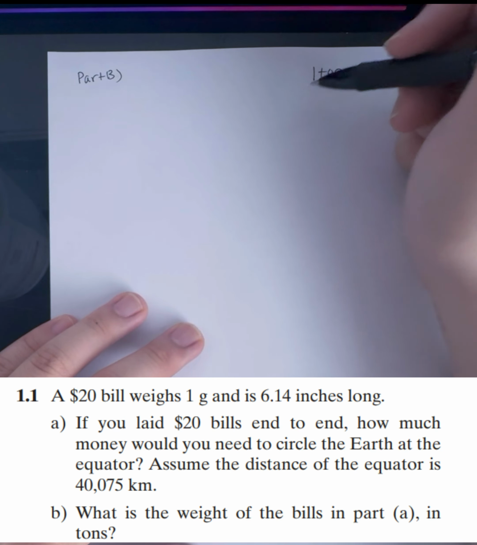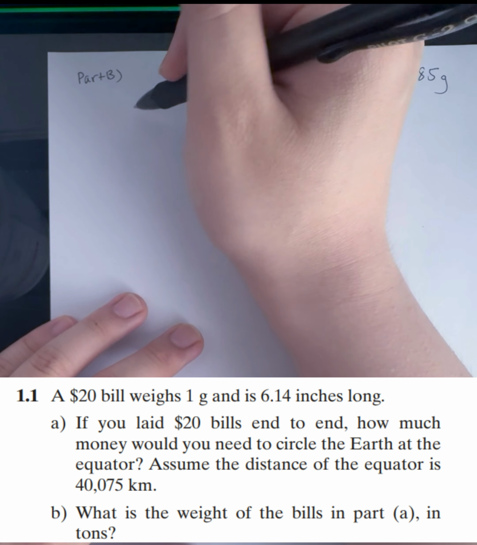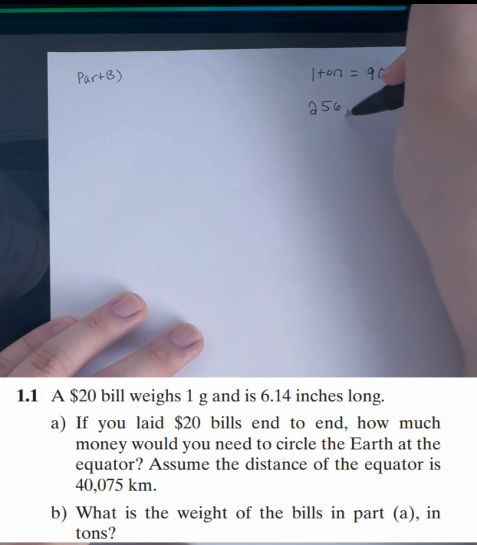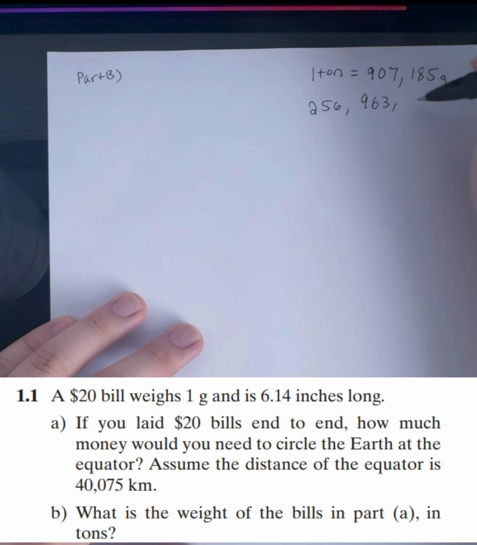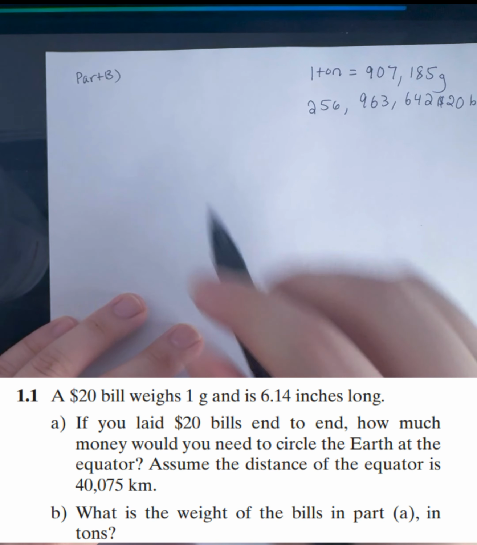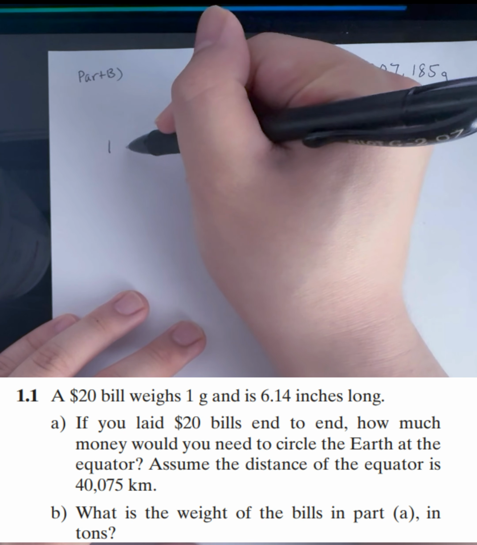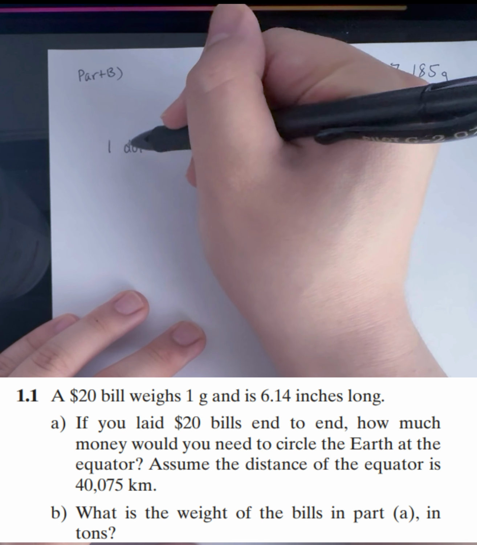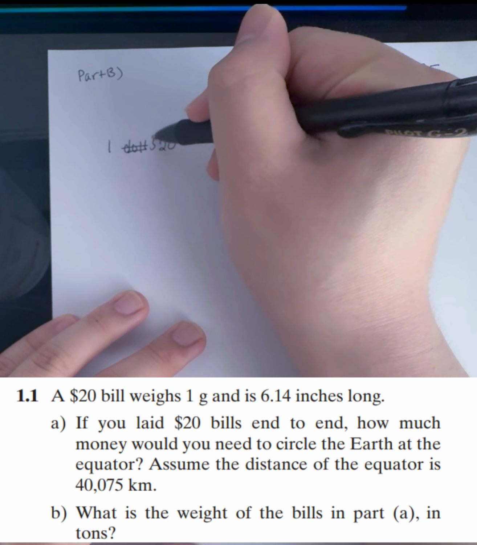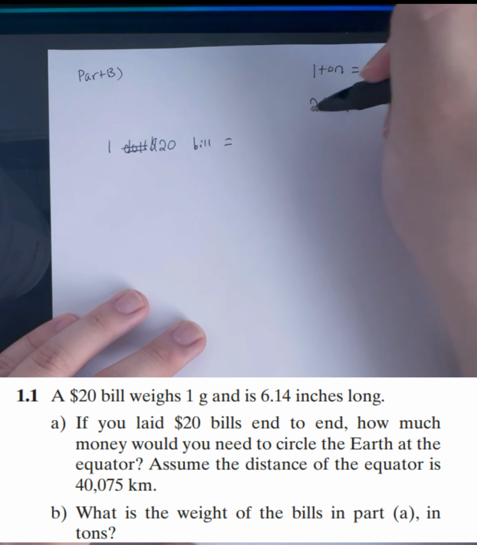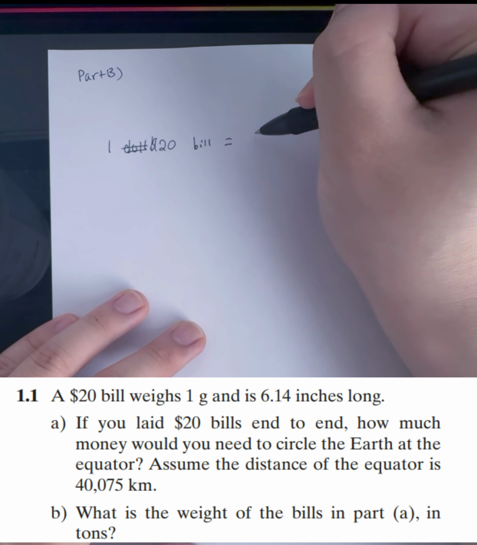At the same time, we remember that we have a total of 256,963,642 $20 bills, right? And we know that one $20 bill is equal to 1 gram.